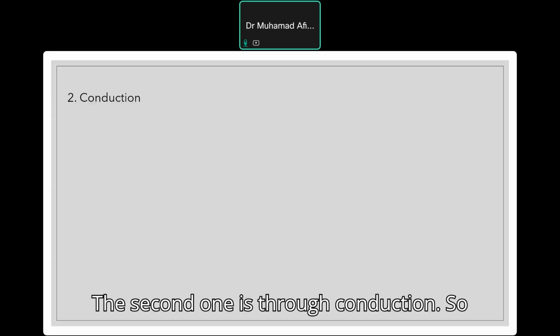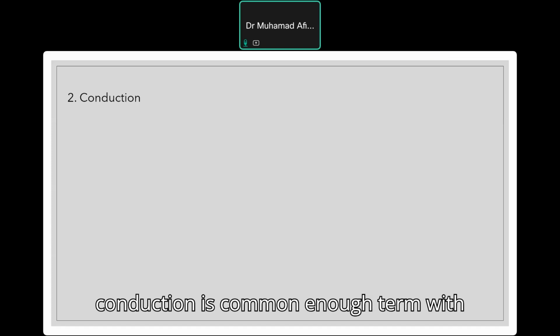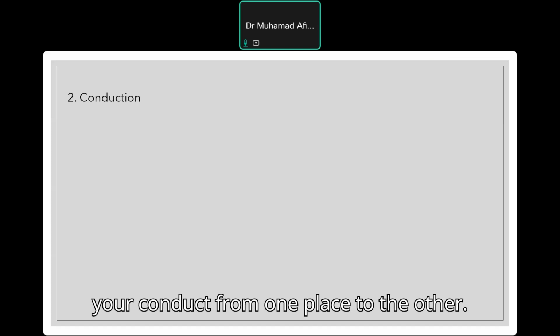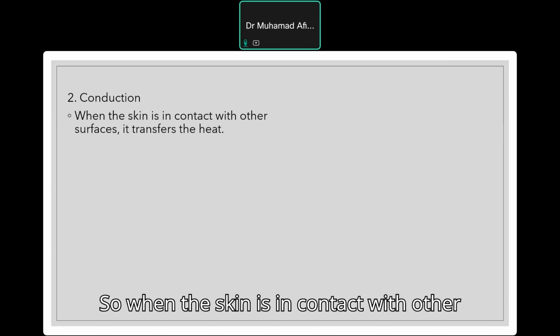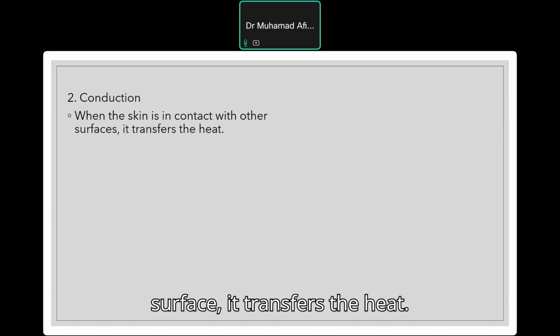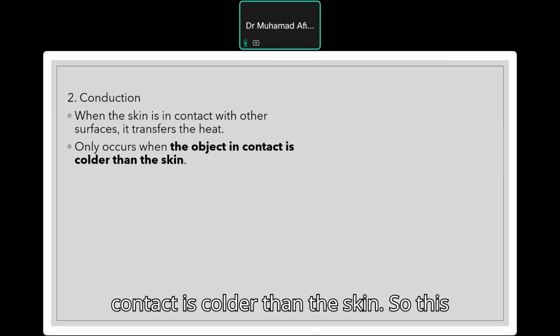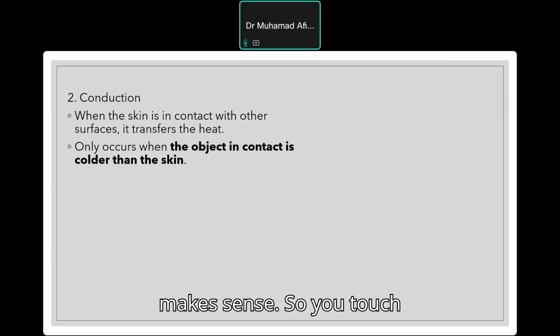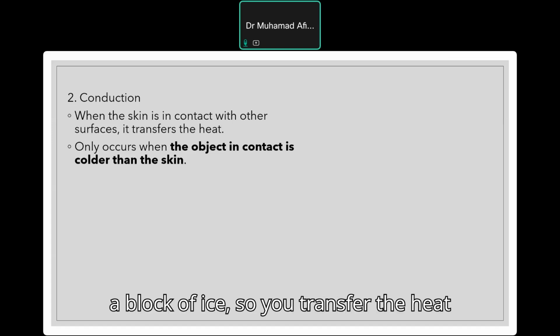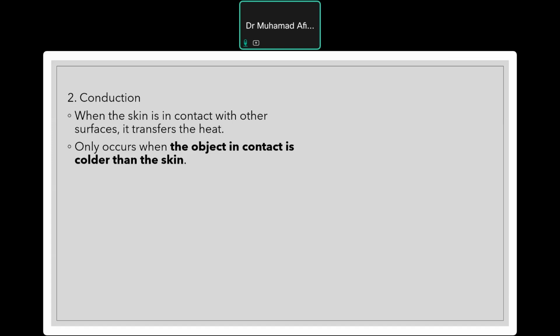The second one is conduction. Conduction is a common enough term, meaning you conduct from one place to the other. When the skin is in contact with another surface, it transfers heat, but this only occurs when the object in contact is colder than the skin. This makes sense. If you touch a block of ice, you transfer heat to the block of ice.